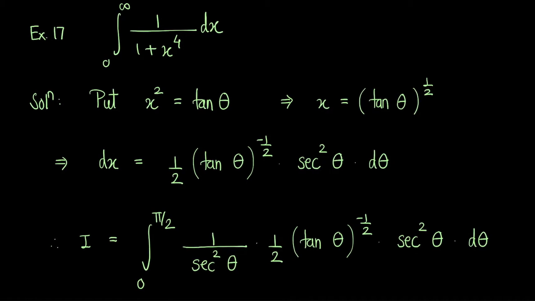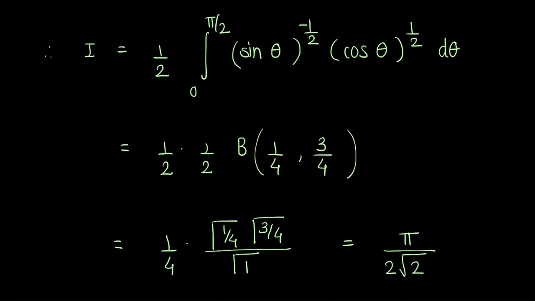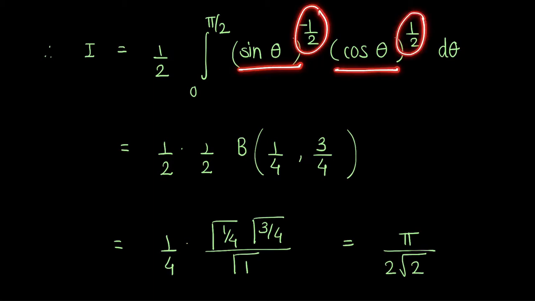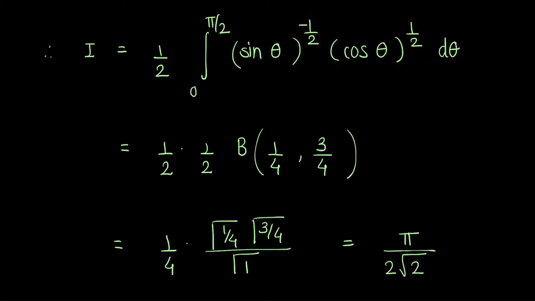Since the power of tan theta is minus 1 by 2, therefore the power of sine will be minus 1 by 2 and the power of cos will be plus 1 by 2 since cos is in the denominator. Therefore, we have 1 by 2 integration 0 to pi by 2 sine theta raised to minus 1 by 2 cos theta raised to 1 by 2 d theta.